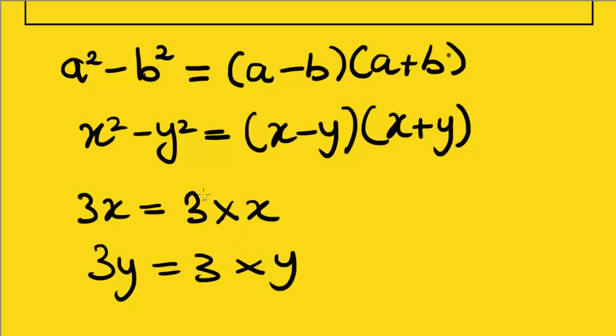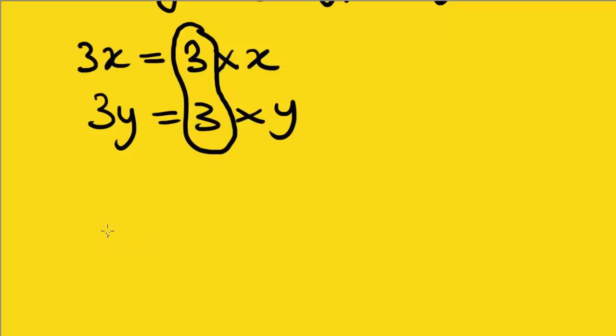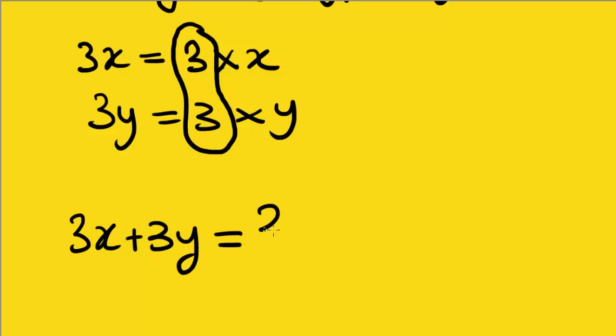You can see that these two terms share 3 as a common factor. Therefore, an easy technique for factorization would be to say 3 is a common factor, so I'm going to write 3 first.